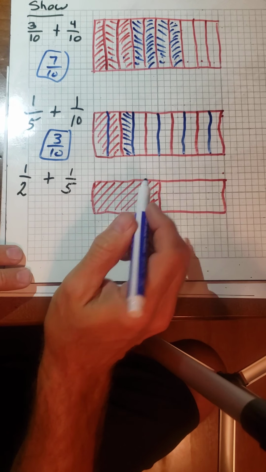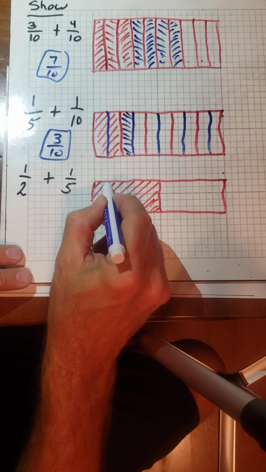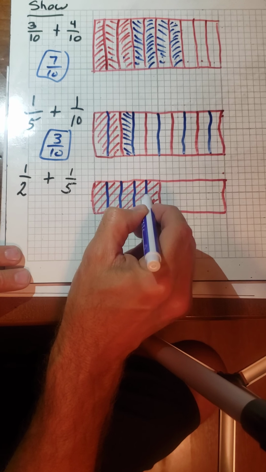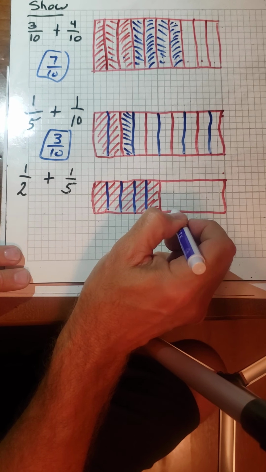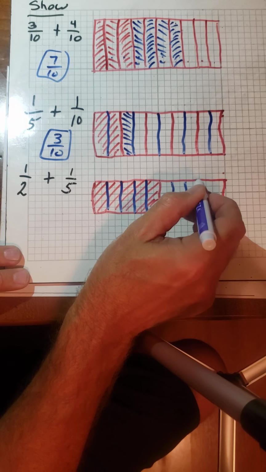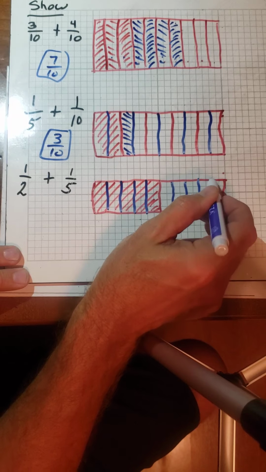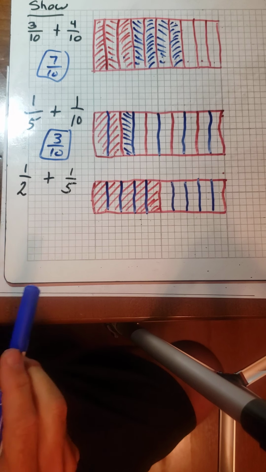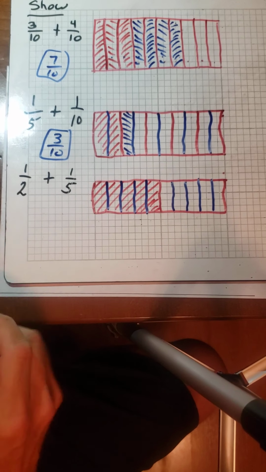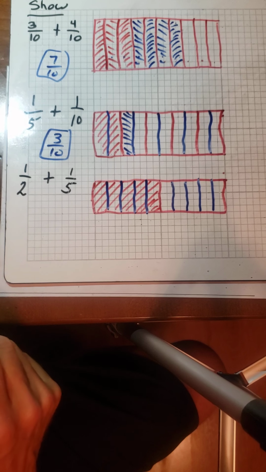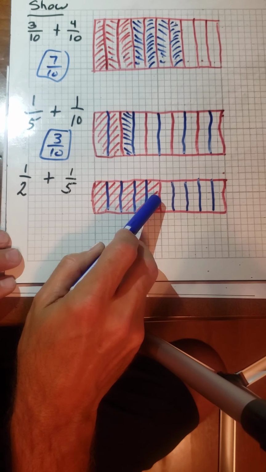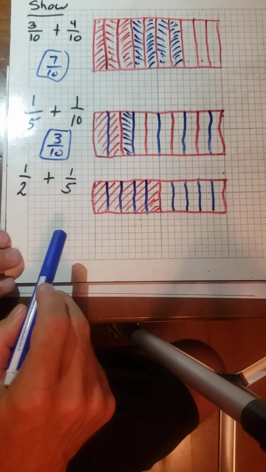So I could go, okay, well then I've got 1, 2, 3, 4, 5, 6, 7, 8, 9, and 10. Okay. So what I did was I cut this half into fifths and I cut this half into fifths. And so now, if you look at this, I've got 1, 2, 3, 4, 5 out of 10.